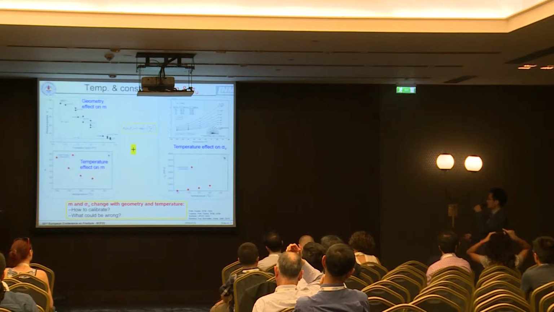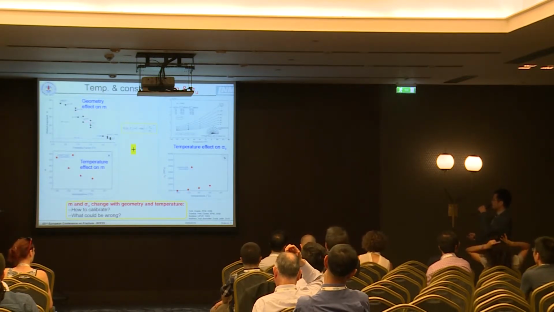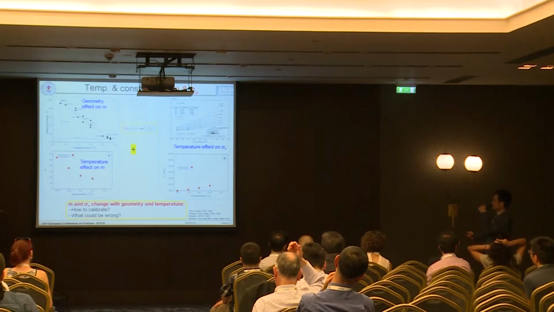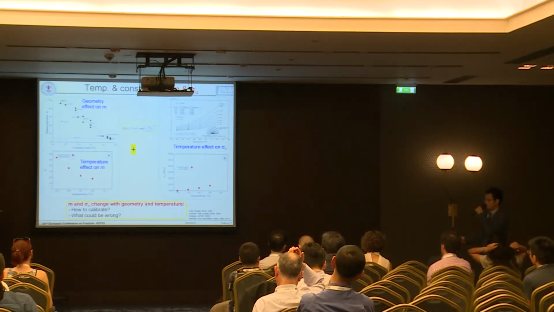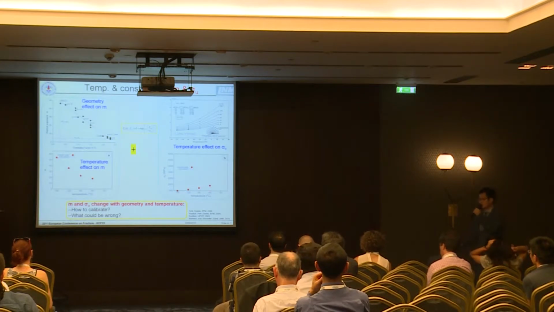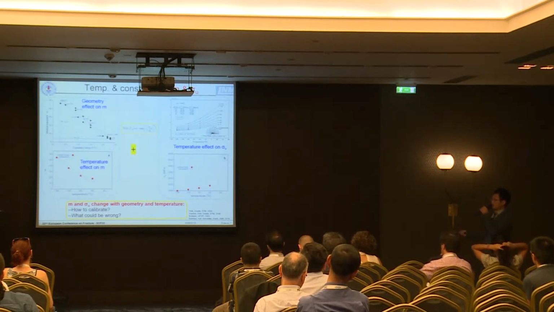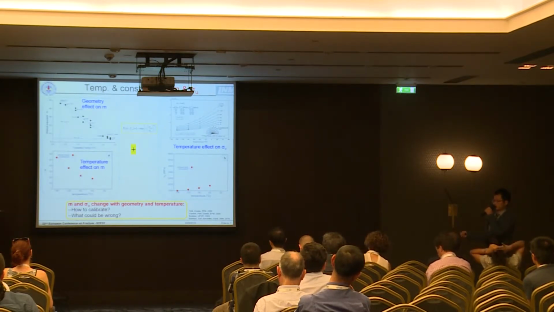These two parameters change both with geometry and with temperature. Here we can see that with different geometries, m will change, and with different temperatures, m and sigma U both change. As we mentioned before, m and sigma U should be material properties, but they change, so it is very difficult to calibrate, and for engineering application this is a big problem.